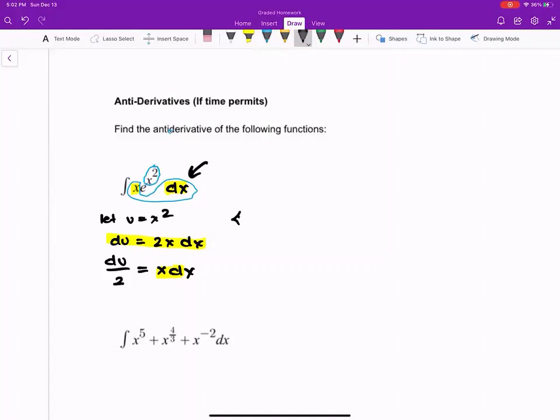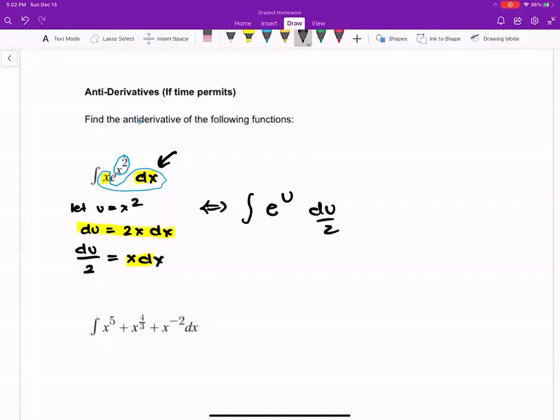So this is equivalent to the integral of e to the u du over 2. You can take out constants, so this is 1 over 2 times the integral of e to the u du. Since you're integrating with respect to u, the integral of e to the u is always e to the u. So it would be 1 over 2 e to the u.